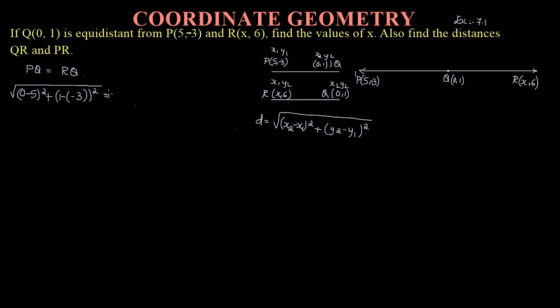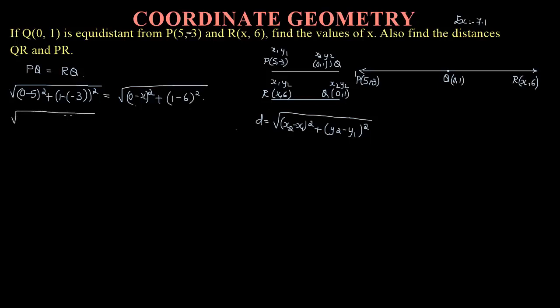Now it is equal to the distance between R and Q, right? So again I'll put the square root here. x2 is 0. So 0 minus x whole square plus, you have here y2 1, 1 minus 6 whole square, right?